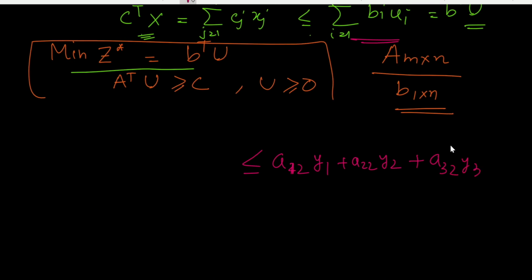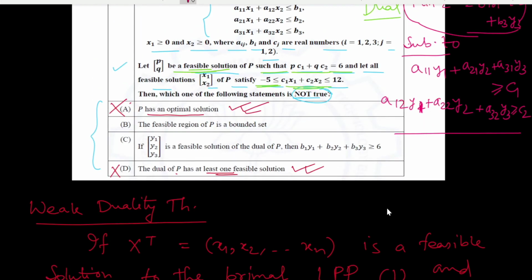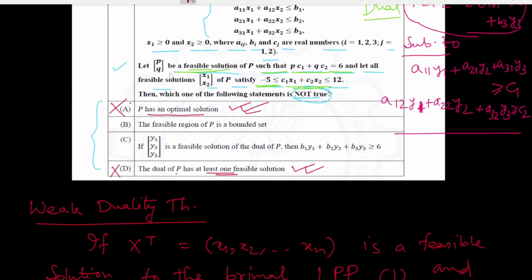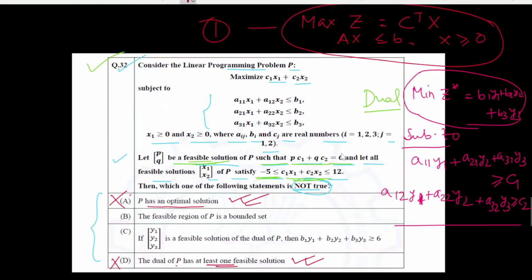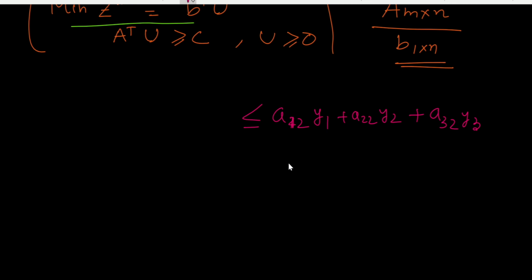This is greater than or equal to the primal, that is C transpose X, and here it is given that PQ is a feasible solution, so this is also a feasible solution, so this is equal to 6.